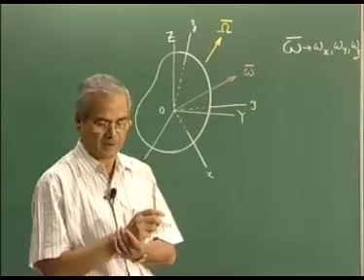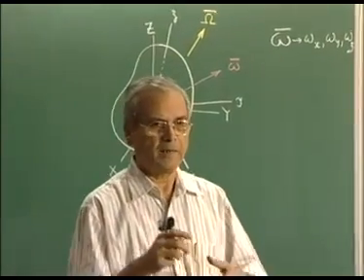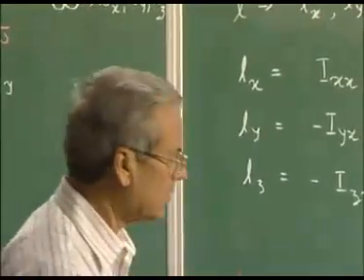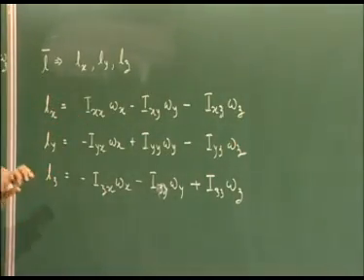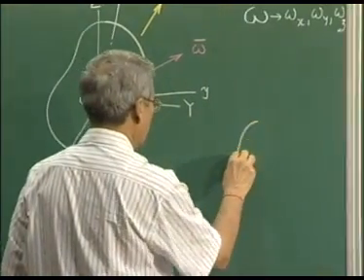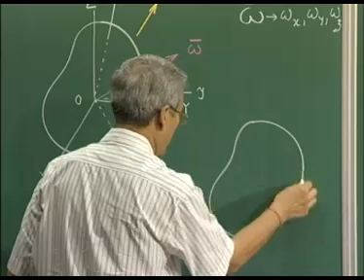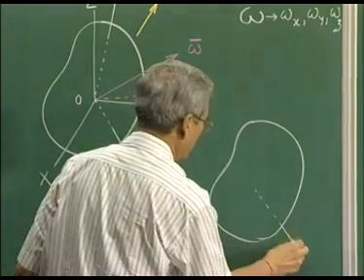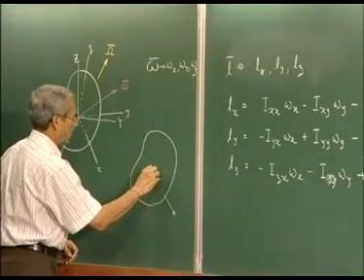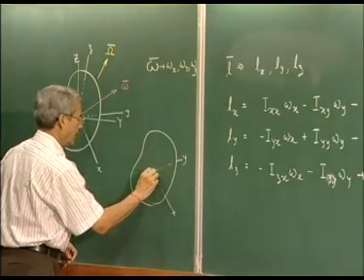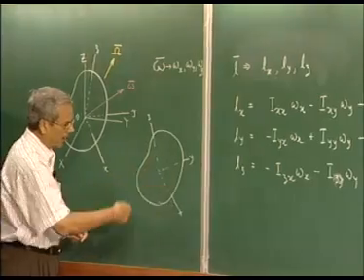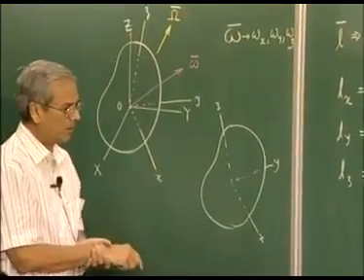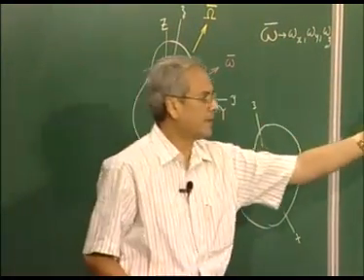where Ixx is the second mass moment of inertia, or simply the moment of inertia of the rigid body about the x axis. So, along this direction x, along this direction y, and along this direction z, if I measure or define its moment of inertia about x axis, that is Ixx.